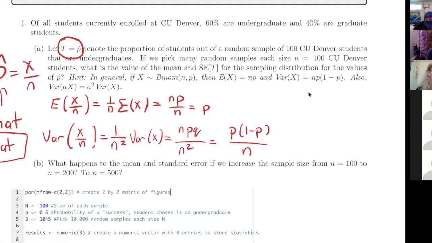So that's where p hat equals X over n comes from. We could derive these formulas using properties of binomial distributions and properties of expected value and variance.